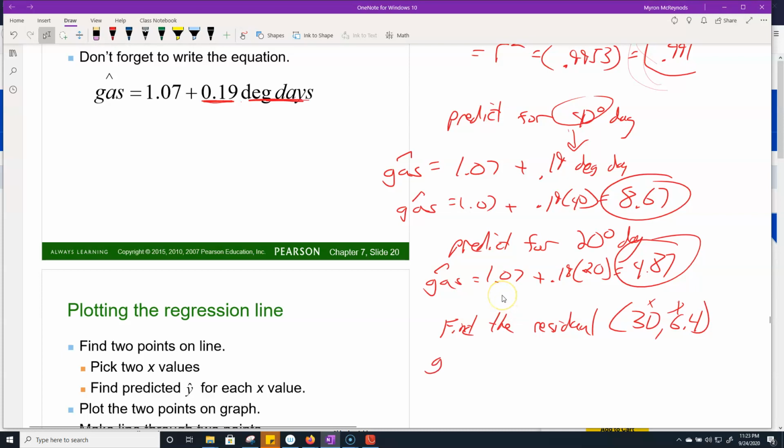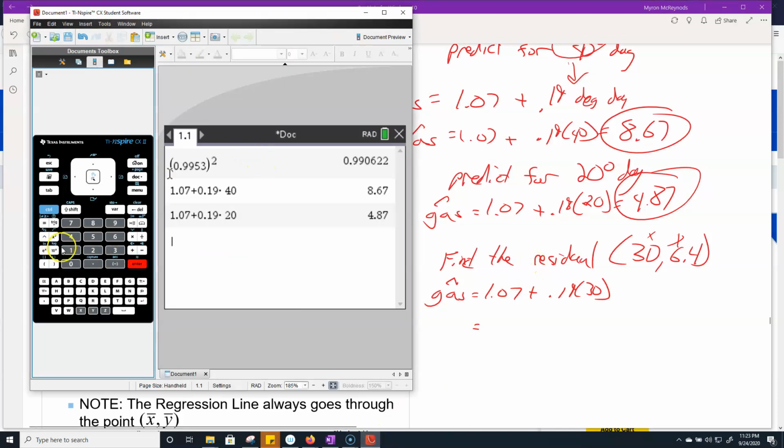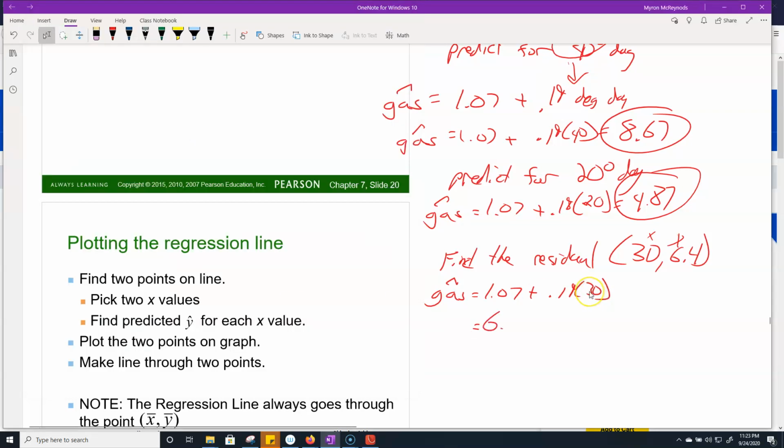So for gas, what we would expect is 1.07 plus 0.19 times 30. This is what we expect to happen by our prediction. And you get 6.77. So our predicted gas was 6.77.